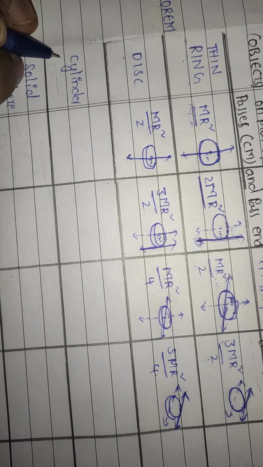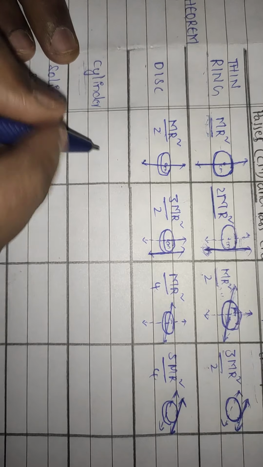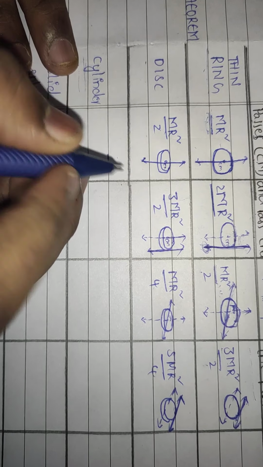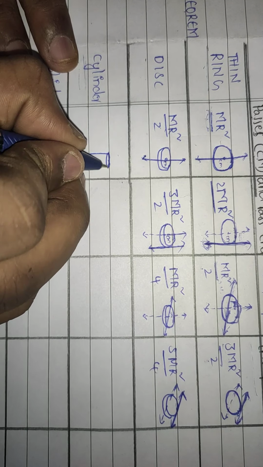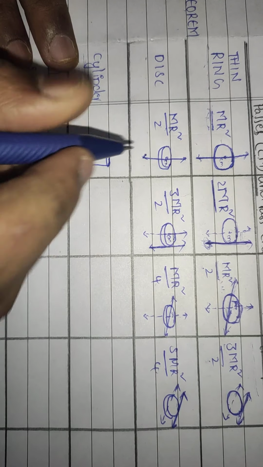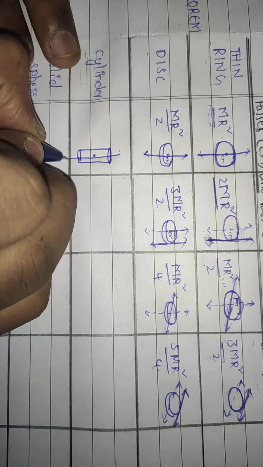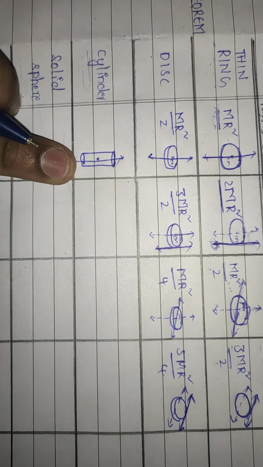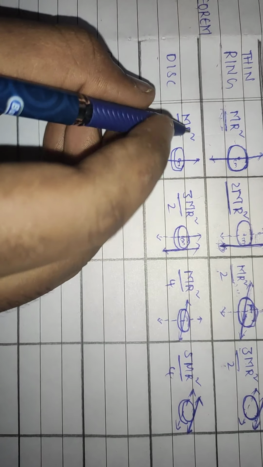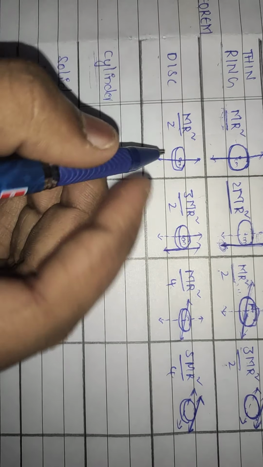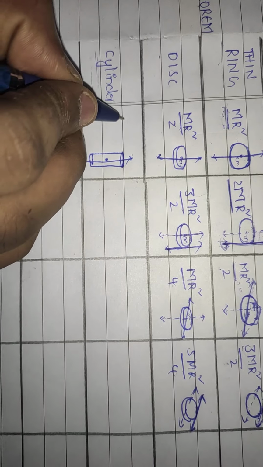Okay, now take the cylinder. This is the cylinder, suppose this is the center of mass. Take this as the axis. Now for cylinder or disc, the first one is the same, mr square by 2.